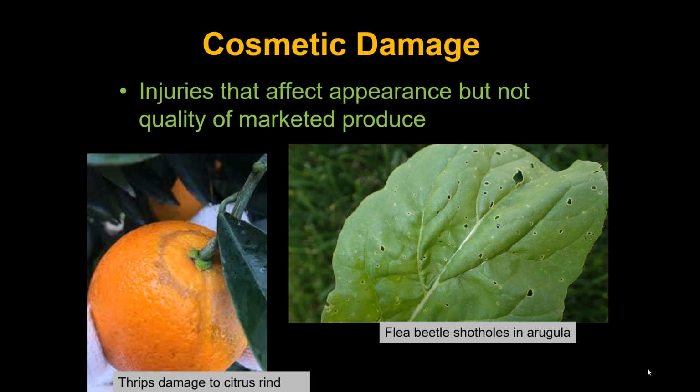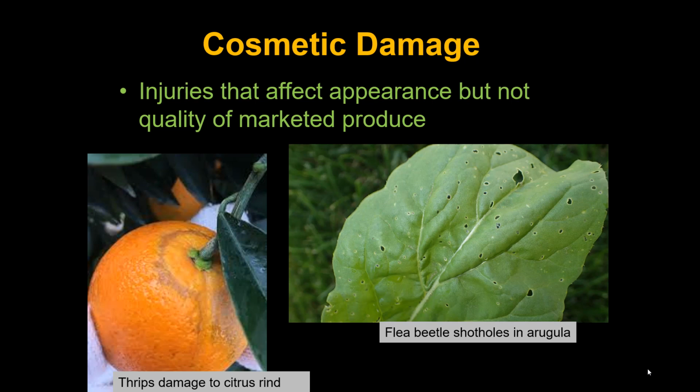And a classic example would be thrips on various kinds of crops, including the picture here on citrus, where we have thrips on citrus that don't hurt the crop directly, but you get a few in the flower, and then that manifests itself as a little scar on the fruit, and then you put that in the supermarket, and people pick it over and avoid it.